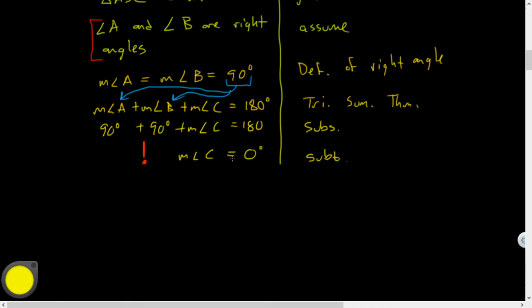So this contradicts our given or assumed information, right? And why does it contradict that? Because triangles can't have a 0-degree angle.